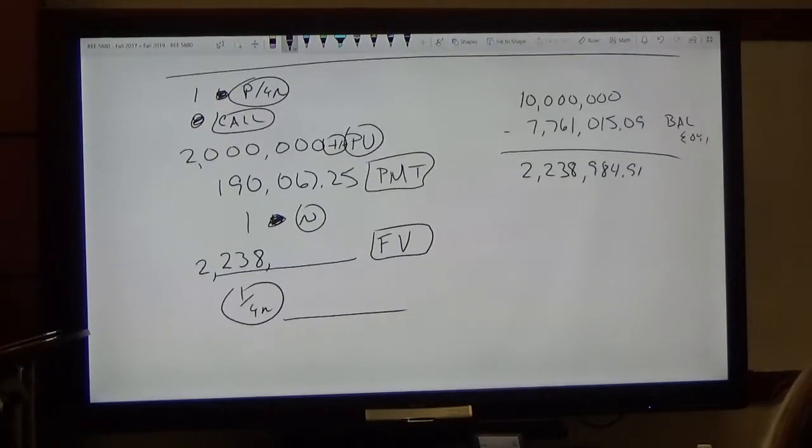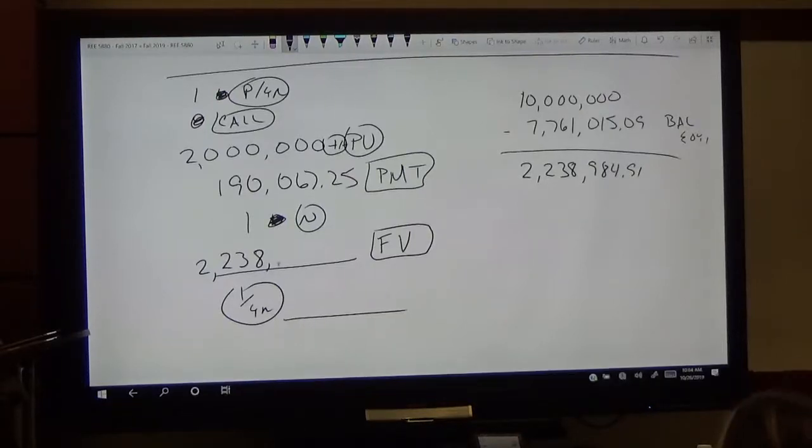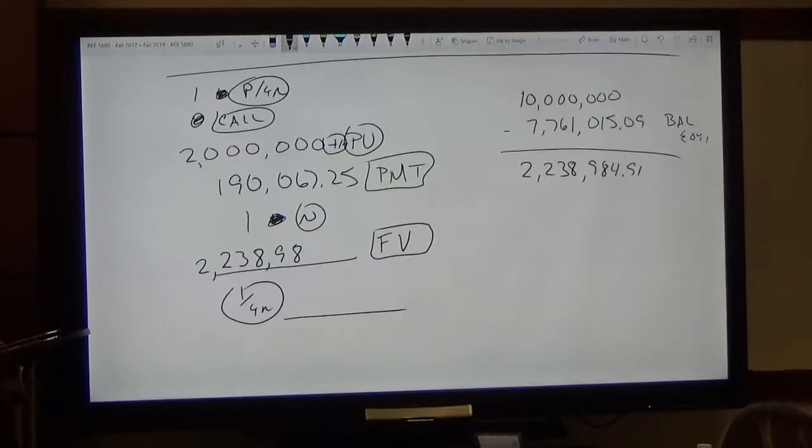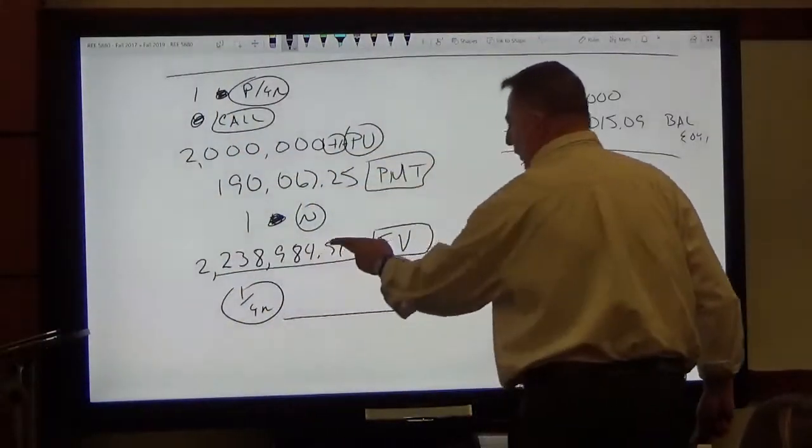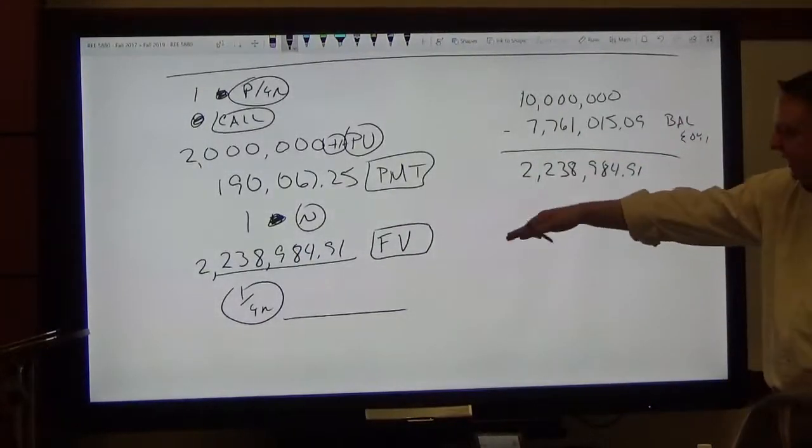You notice I keep throwing in those little caveats, on a before-tax basis, because obviously at some point we're going to deal with after-tax issues. Okay, but right now, I'm just on a before-tax basis, 2,238,984.91. Now, why is that? Why is this number $238,984?